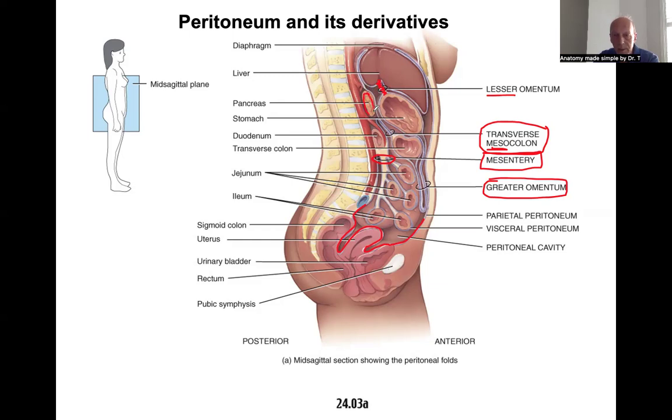Only the anterior surface of the pancreas, the one which I highlight, is in touch with the peritoneum. It's less than 50%. But if you take a look at the stomach, this is the posterior surface of the stomach. This is the anterior surface of the stomach. So practically in excess of 95% covered with the peritoneum. Stomach is an intraperitoneal organ.